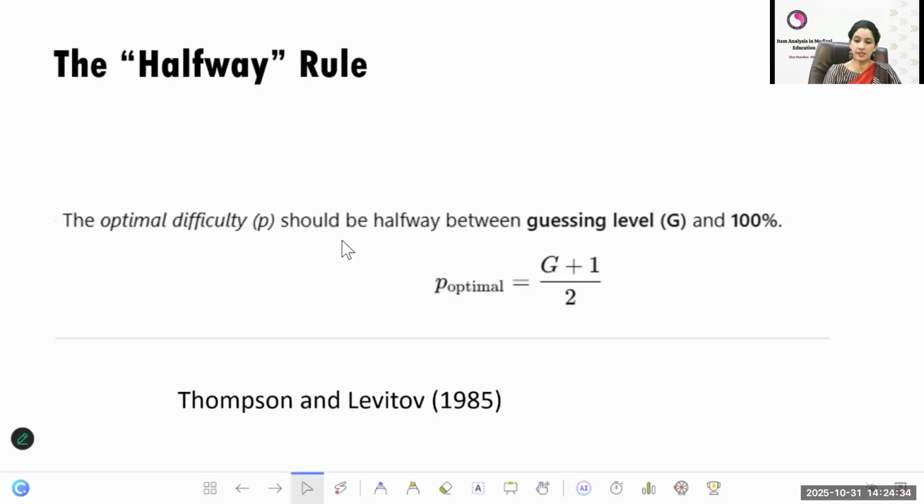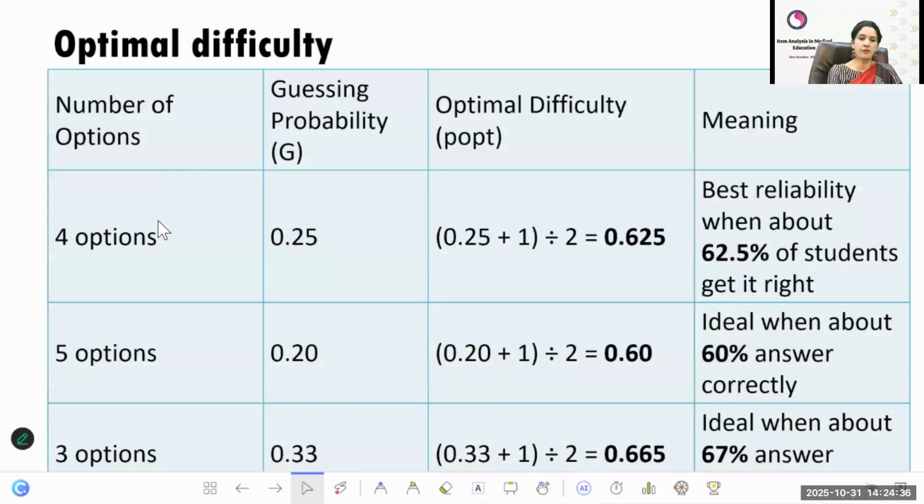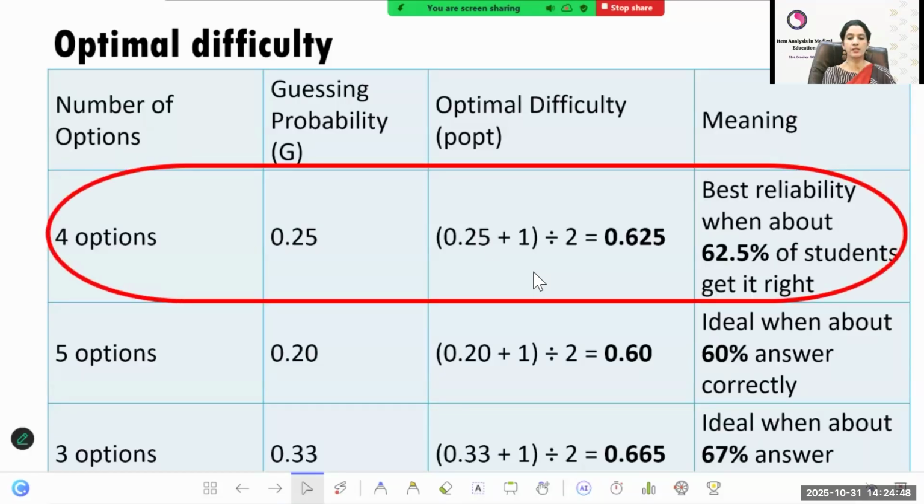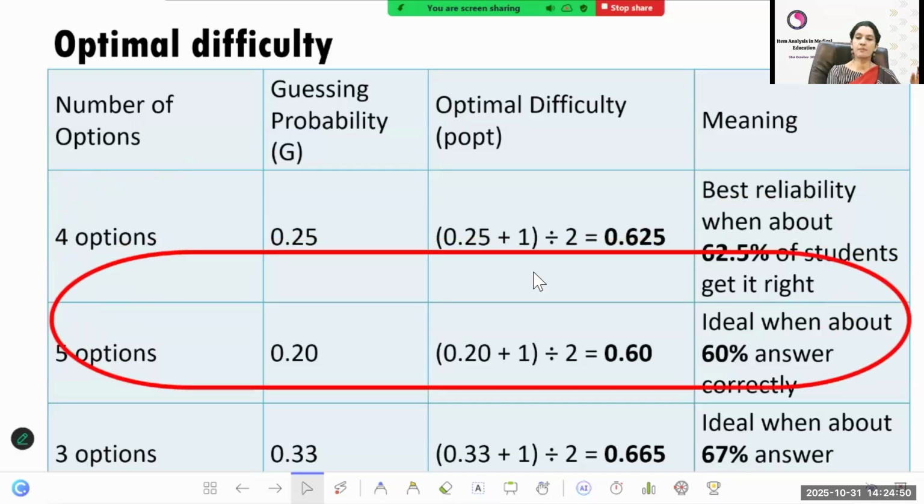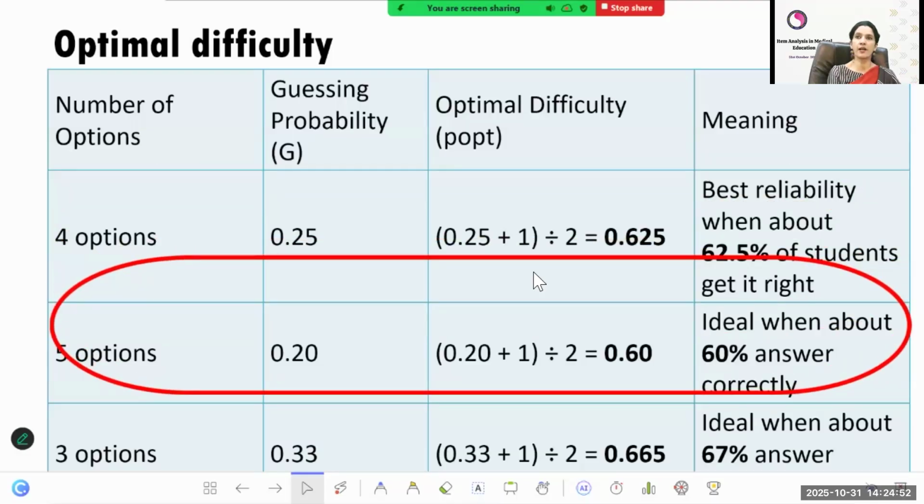For 4 options, the guessing probability is 25%, so the optimal difficulty will be (0.25 plus 1) divided by 2, which is 0.625. So the best reliability is when 62.5% of the students get it right.